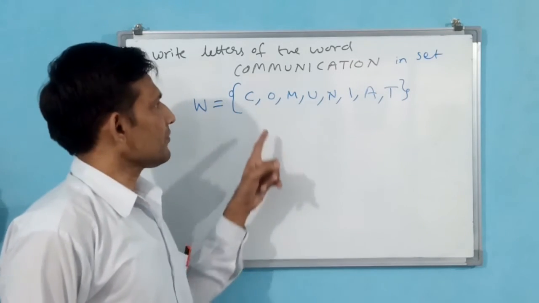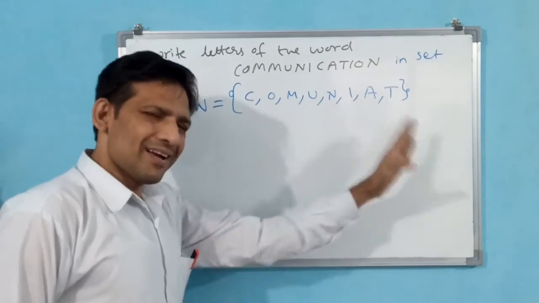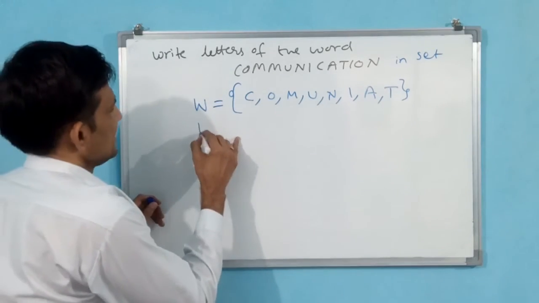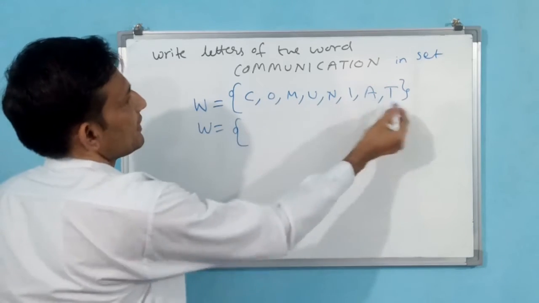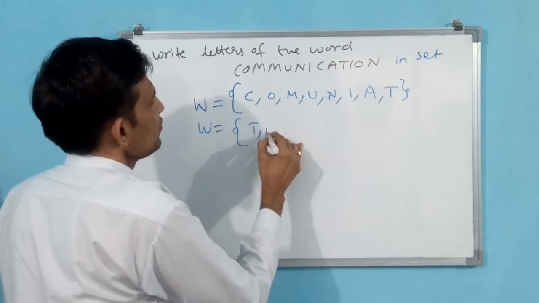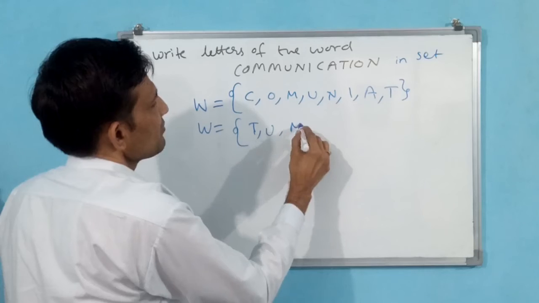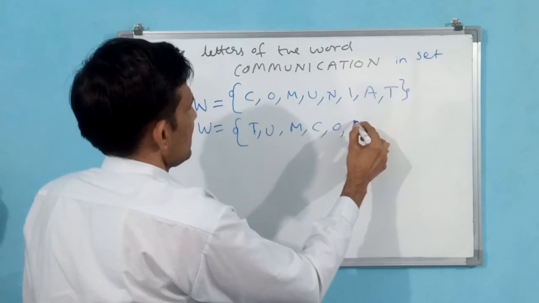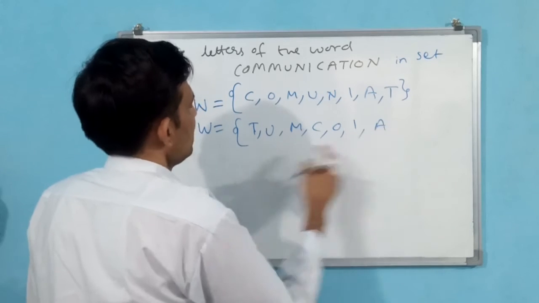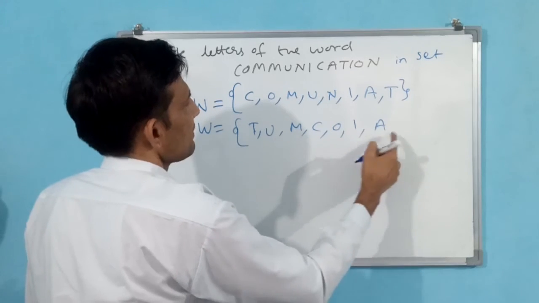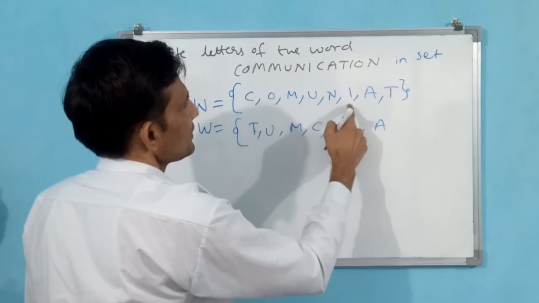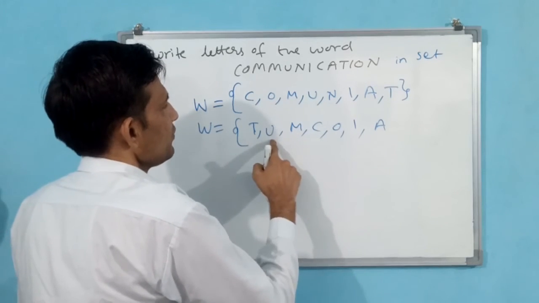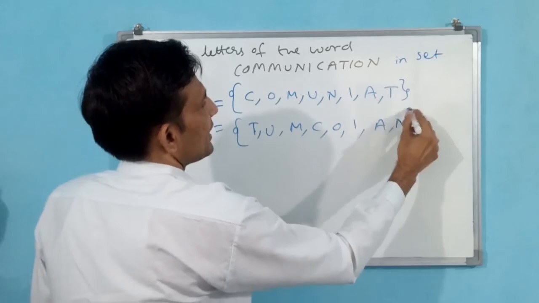Next, order is not important. The same set I also can write like this: T first you can write, U next, M, C, O, I, A, N. 1, 2, 3, 4, 5, 6, 7, 8.